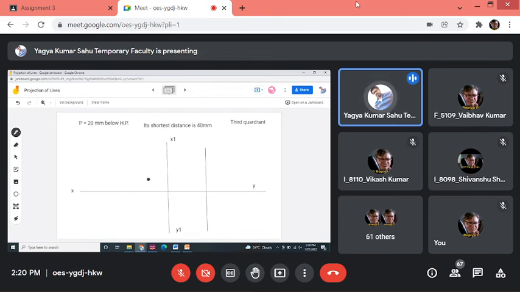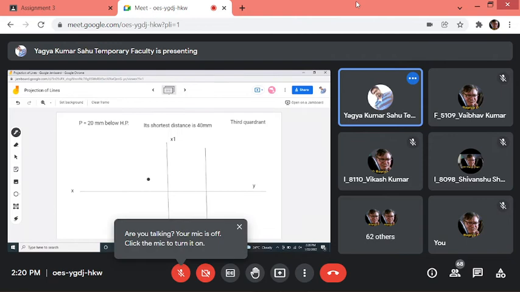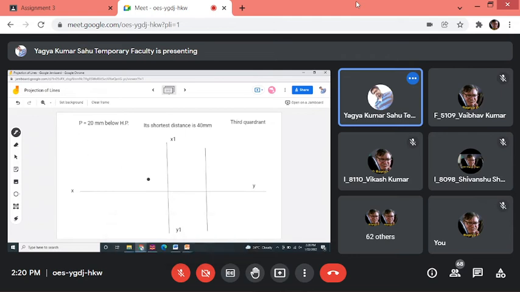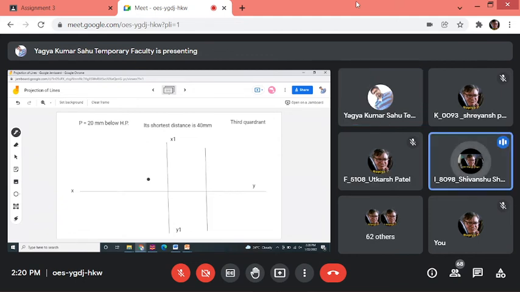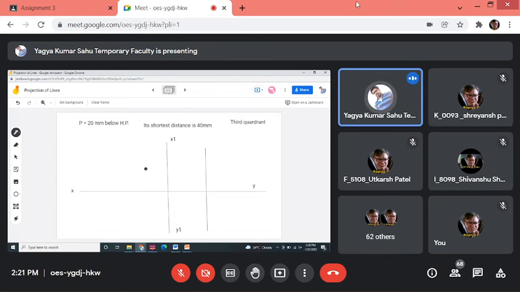Below HP, and it is in third quadrant. Third quadrant means front view below and top view above. यही होता है ना थर्ड क्वाड्रेंट में? Yes or no? Am I audible to all of you? Yes, sir. Third quadrant means front view below and top view above.